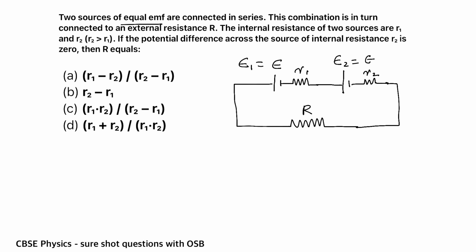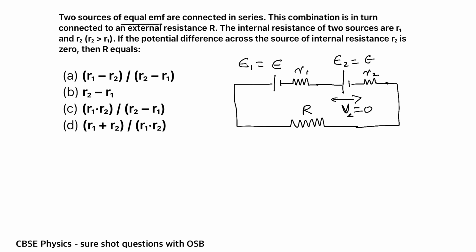If the potential difference across the source of internal resistance R2, this cell, is 0 as per the question, then what is the value of R? First of all, you have to understand that if the voltage across a particular cell is 0, it means that the entire EMF of that cell is used to overcome the internal resistance.